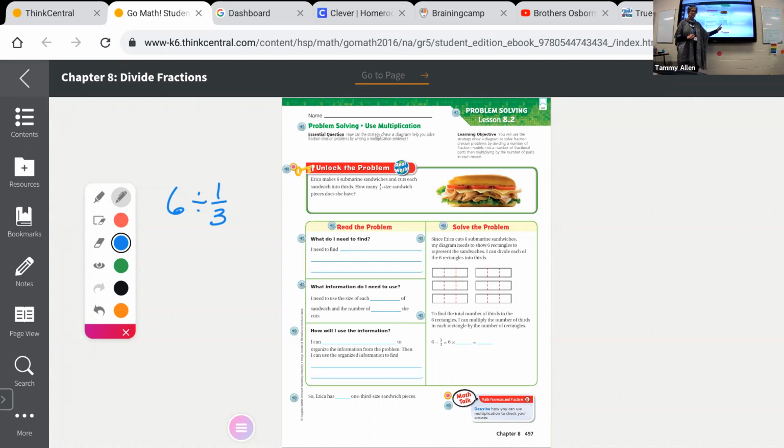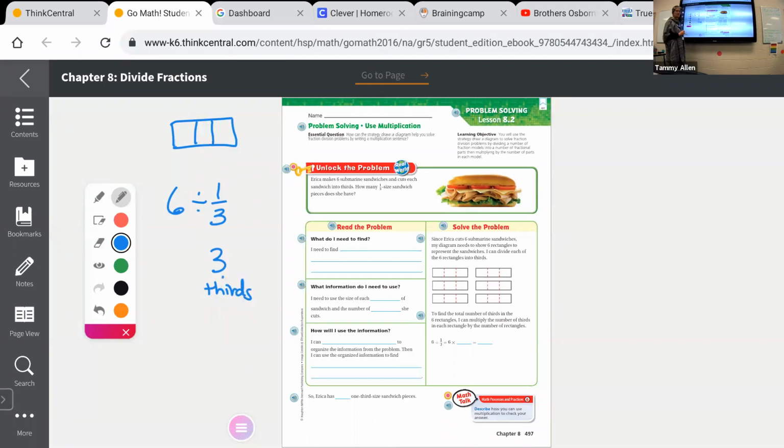Do you see the picture over here? We want to know how many 1/3 size sandwiches she has. Well, how many thirds does she have in each sandwich? In one sandwich, how many thirds does she have? 3 thirds in each sandwich, right?